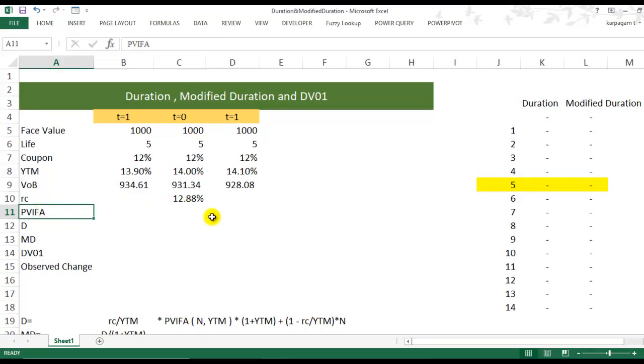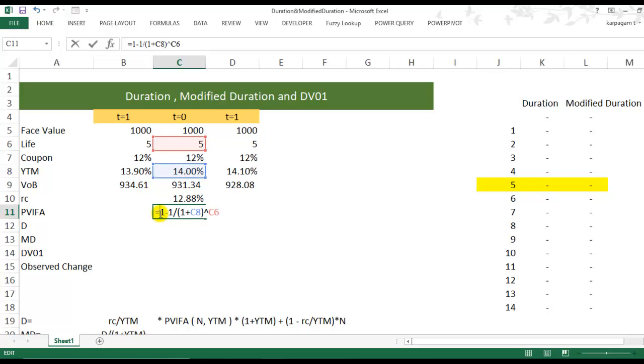Then I'm going to do PVIFA. Remember, it is yield to maturity raised to the power of 5, the whole thing divided by yield to maturity. PVIFA.